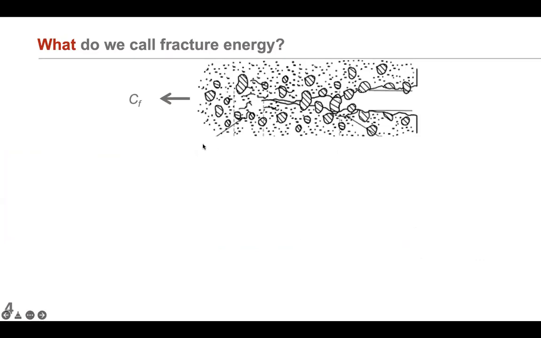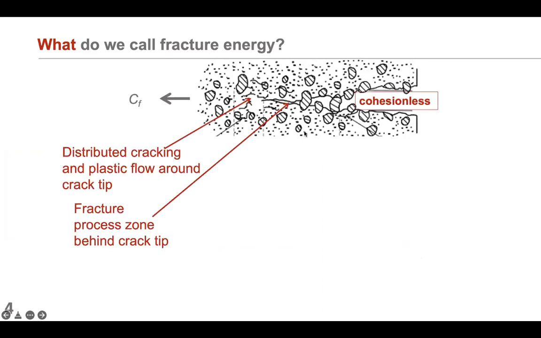Here I'm showing you a scheme of a material that is going to fail with a rupture speed that is CF. What we know is that the evolution of the cohesion during the propagation of these cracks is scale dependent, in the sense that the cohesion at the crack tip, where we have distributed cracks and plastic flow, is different from where we lose some of the cohesion, and from the scale where it is completely cohesionless.